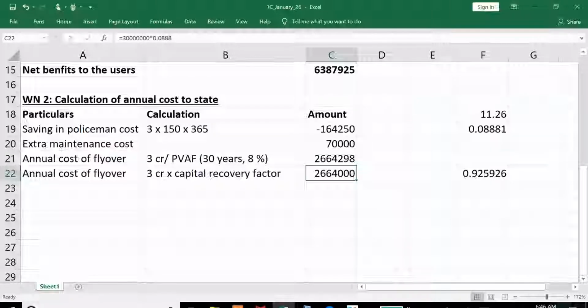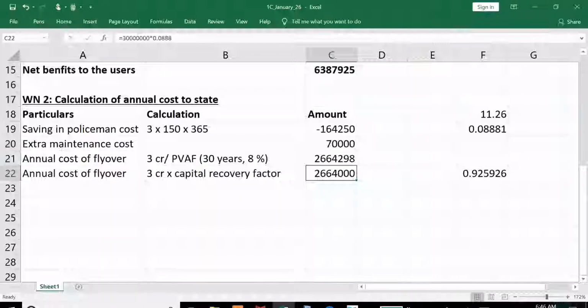Either you do it in the calculator and get the present value annuity factor, or I can use the capital recovery factor, which is given in the question. If somebody still wants to use the annuity factor, you don't do it in your calculator; you do 1 divided by the capital recovery factor, which will give you the annuity factor, and then divide by the annuity factor.